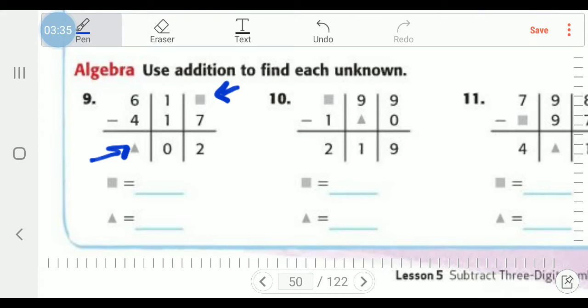So I've got to figure out, wait, what? How do I find out what's missing if I have blank minus 7 equals 2? Wait a minute. How can I start with something and take 7 away to equal 2?